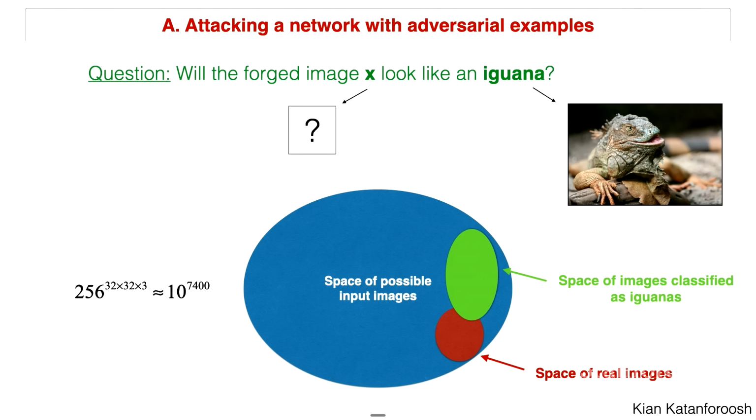And yes, there is an overlap between the green and the red space. Those are the iguanas that are following the real distribution, but the space is much bigger, as you were saying, and that's why it's unlikely that we'll end up there. Okay? So this is more likely what we'll see. Does not look at all like an iguana. Okay? Does that make sense?